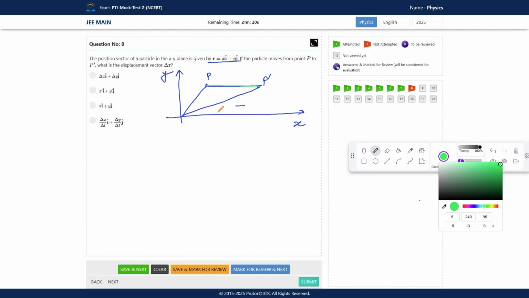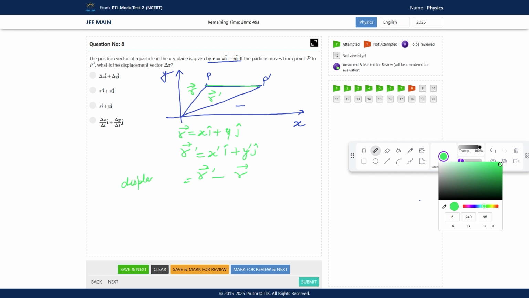So suppose this is R and this is R prime. We know R is equal to x i cap plus y j cap, and R prime, let this one be x prime i cap plus y prime j cap. So substitute R prime minus R. You will get the displacement vector.